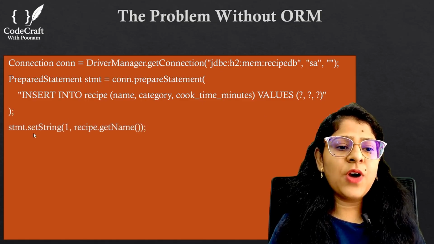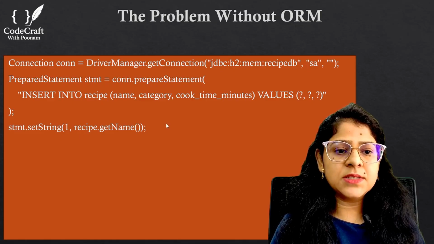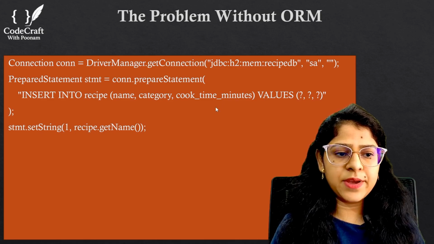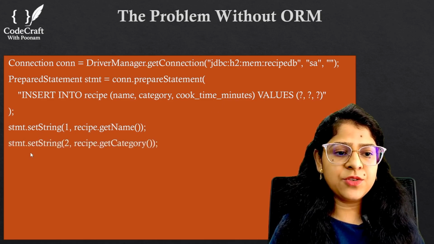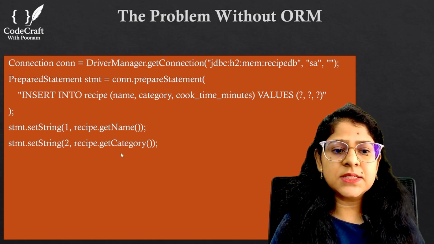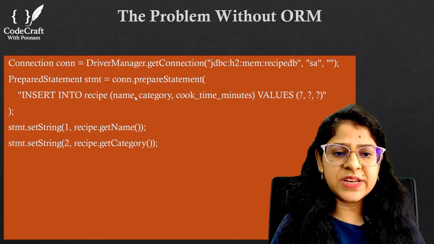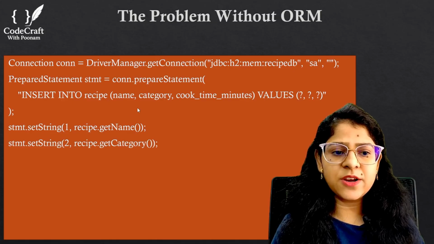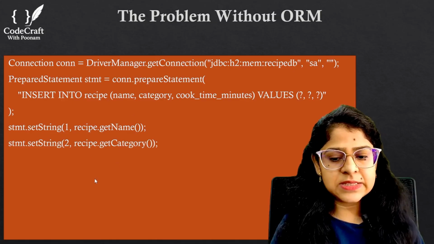Then you have to set the string, that is one comma recipe.getName, and then you have to set another, that is category. Here we are providing name, category, cook time minutes, right? All these things you need to set as well.